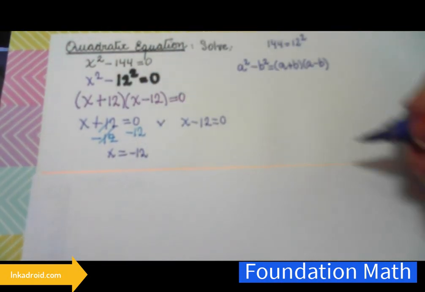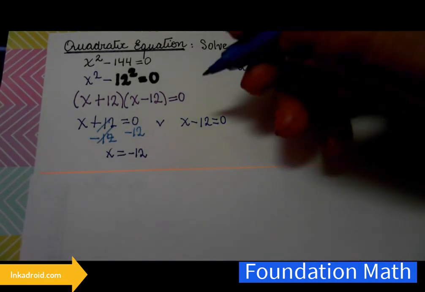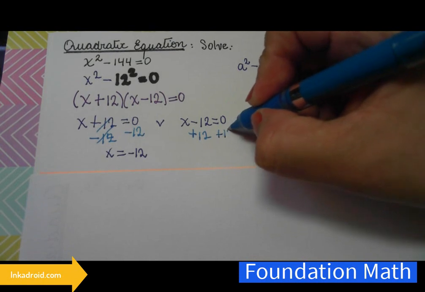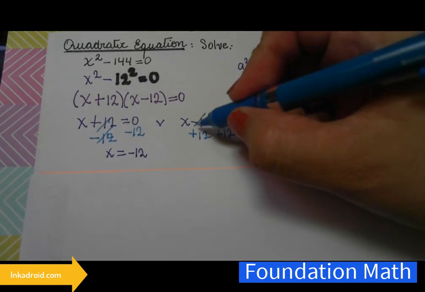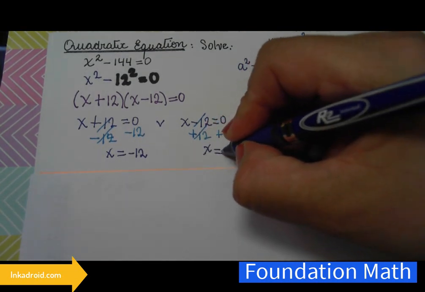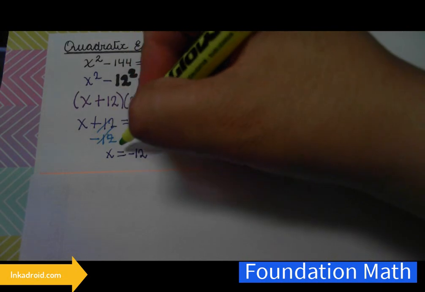That's the first solution. Second solution, you have negative 12. You're going to add 12 here, and you're going to add the same here because an equation is a balance. So x is equal to 0 plus 12, which is 12. So we found the two roots.